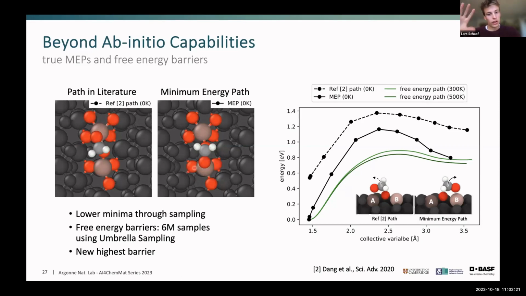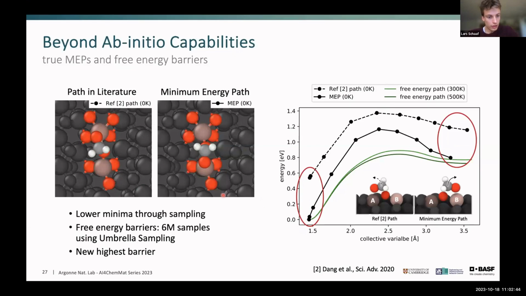And so by searching for various minima on top of the surface, we find this lower barrier. And so actually we find that this reaction step has a higher barrier because the minima that were proposed in literature are actually not thermodynamically relevant.